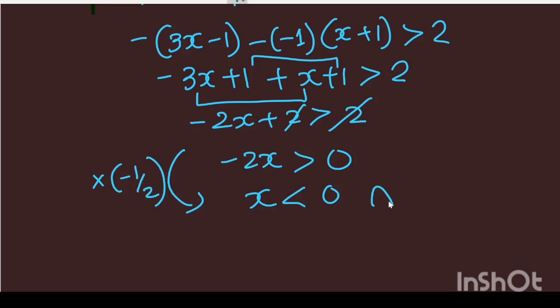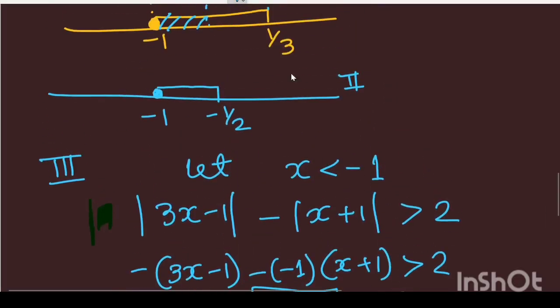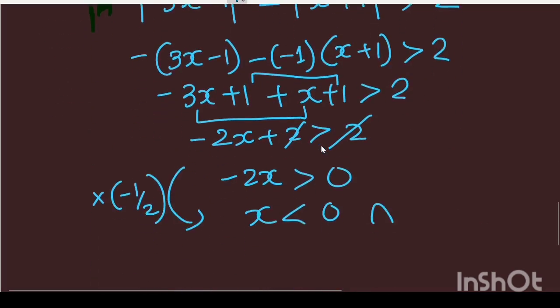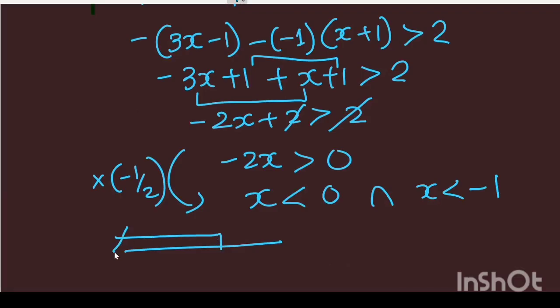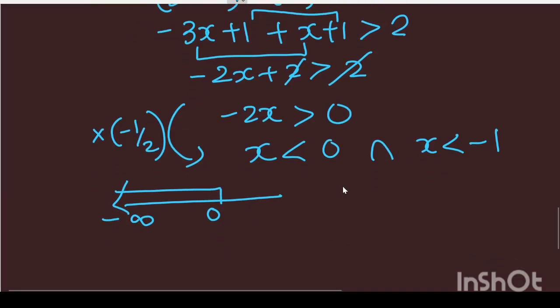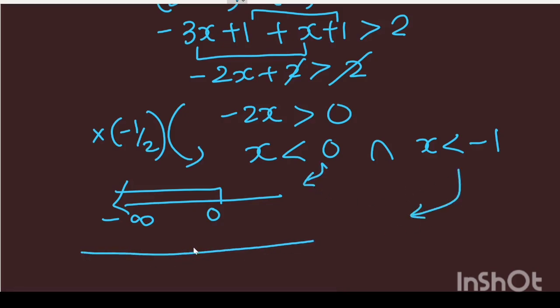Now we will take intersection with what we assumed x to be, which was x less than minus 1 in the third case. So x less than 0 is this, minus infinity to 0, and x less than minus 1, minus 1 is on the left hand side, minus infinity to minus 1.